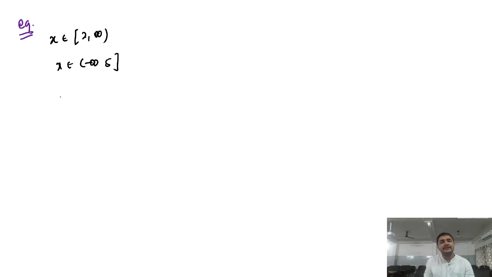Okay, let's say this is set A and this is set B. Now we are interested in A union B and A intersection B. Okay, the common part of these two and basically the union of these two. So for that purpose, we can use two things.